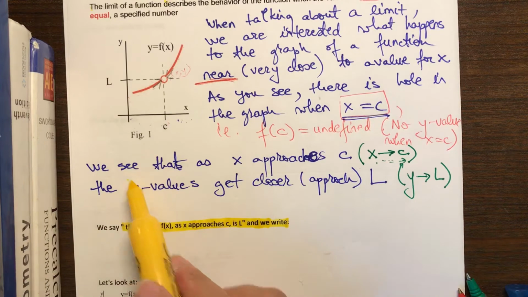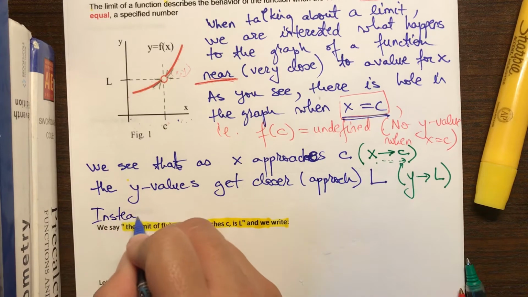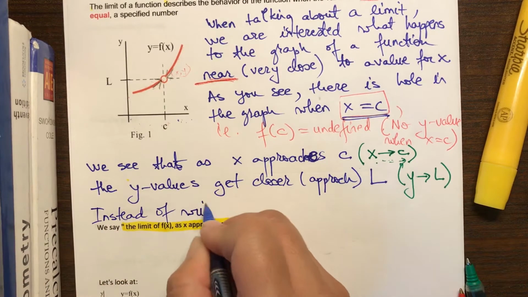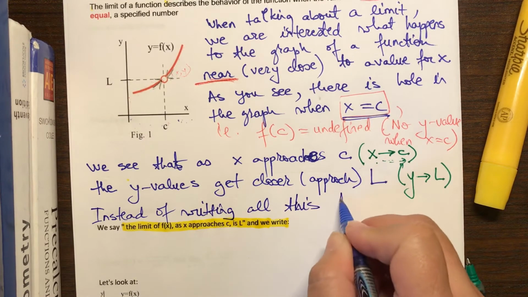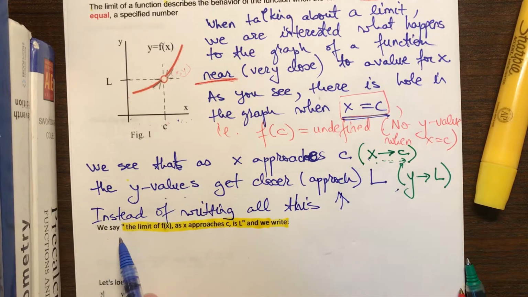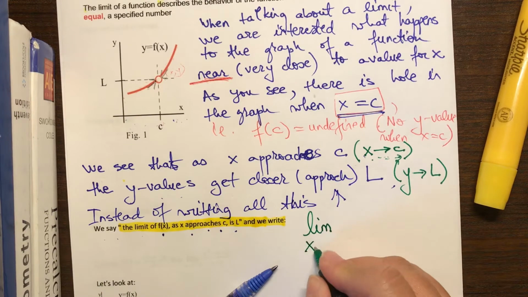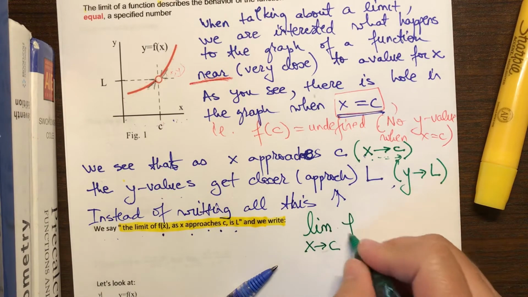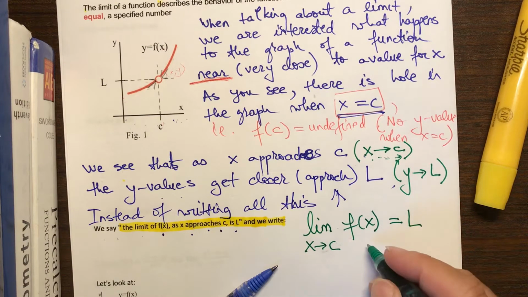So instead of writing all this, as x approaches c, the values of y get closer to L, we simply say the limit of f of x as x approaches c is L. And this is what we write: the limit as x approaches c of f of x is equal to L. So again, what does that mean?